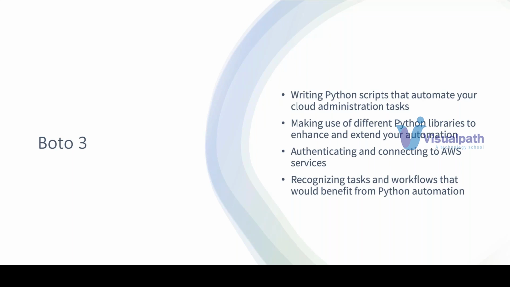May I ask something? Yes, go ahead, Satishwar. When it comes to Boto 3, there are two methods, client and resource. Which one will we be covering? Will we cover resource as a basic part, or go with the client?